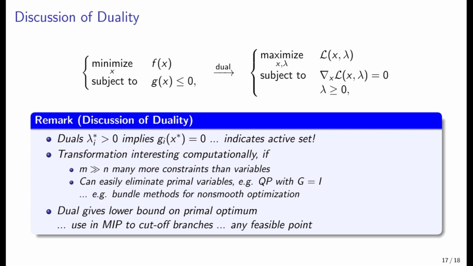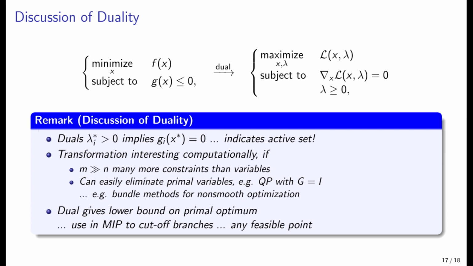So for example, if I know that I have a dual solution that lambda_i star is greater than 0 for some particular index i, then I know that my Gx has to hold with equality. And that comes from the first order conditions of the nonlinear optimization problem, which says that if my multipliers are positive, then the inequality has to hold with equality.